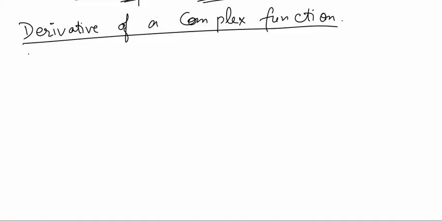Those are basically called the Cauchy-Riemann conditions, right? Now, apart from the Cauchy-Riemann conditions, there has to be something else, let us state it. We should take a point.